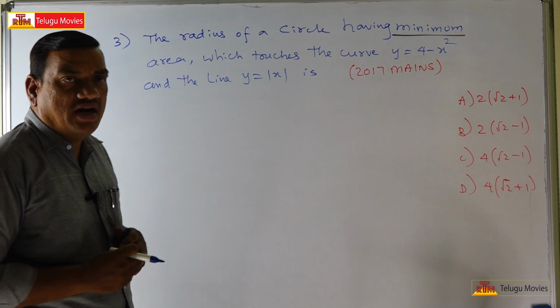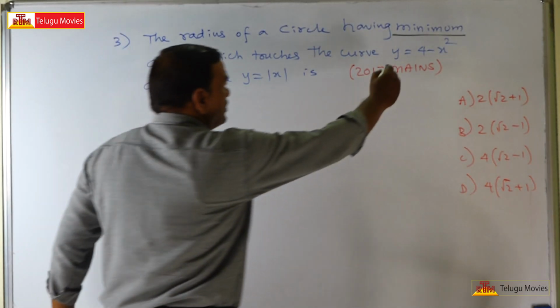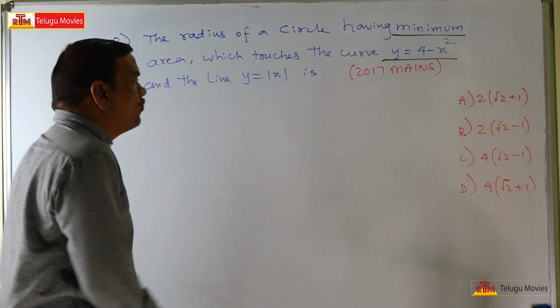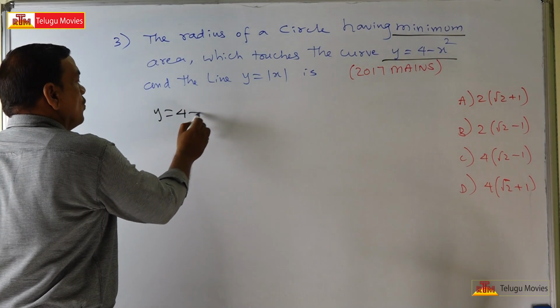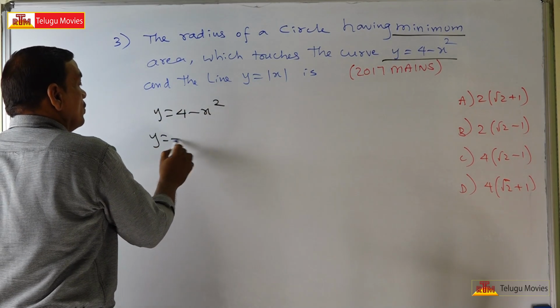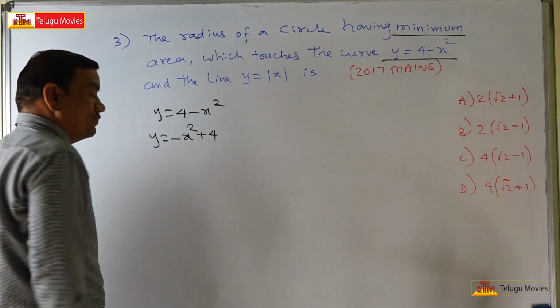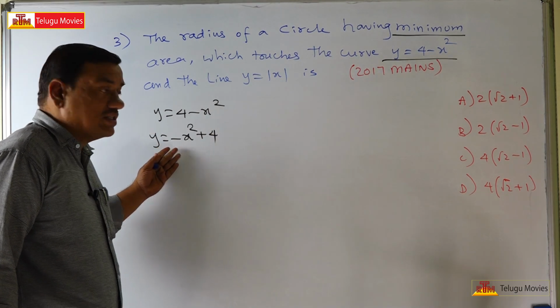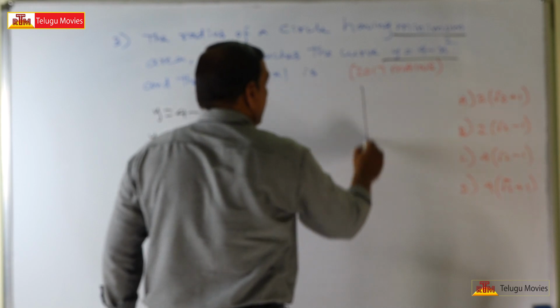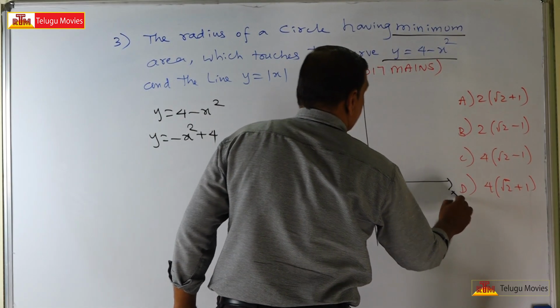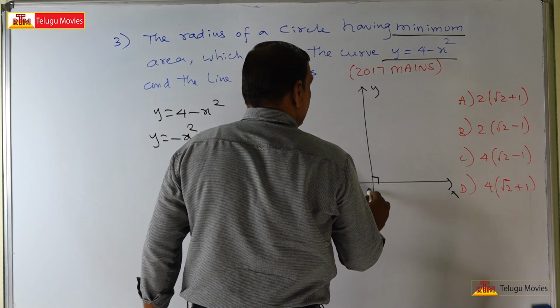First, draw the diagrams. Okay, what is the diagram? First one is y is equal to 4 minus x square, that is y is equal to minus x square plus 4, which is a parabola. So clearly, this is the x-axis and this is the y-axis, this is the origin.